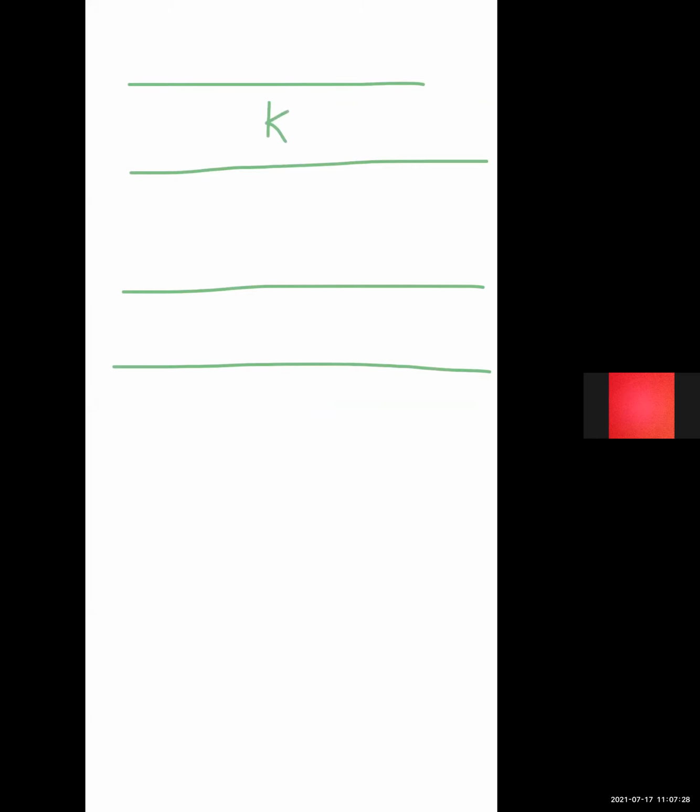So there are three layers, K1, K2 and K3.